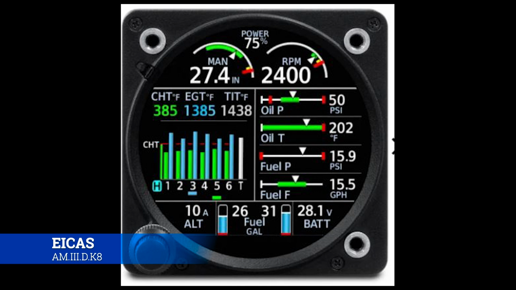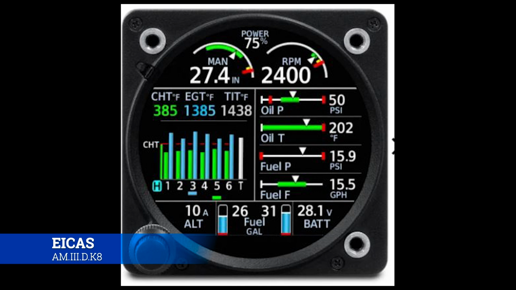Now, I could be wrong on this, but the H is illuminated with a line under 3, which means it's probably hotter than the rest for whatever reason. You notice the CHTs are all in blue because they're right above that red line, except for the one on the far left-hand side, which is still green.